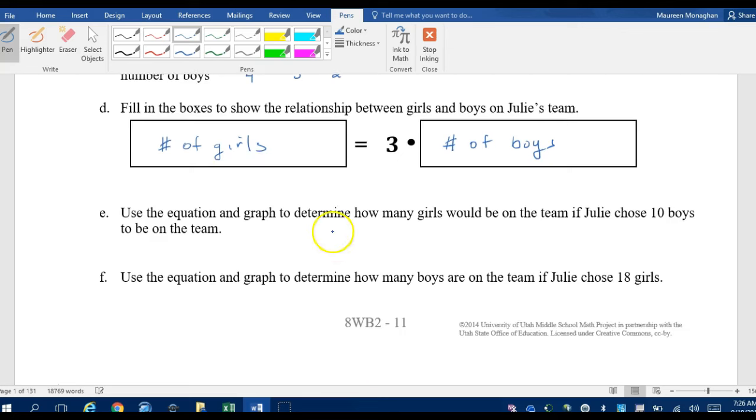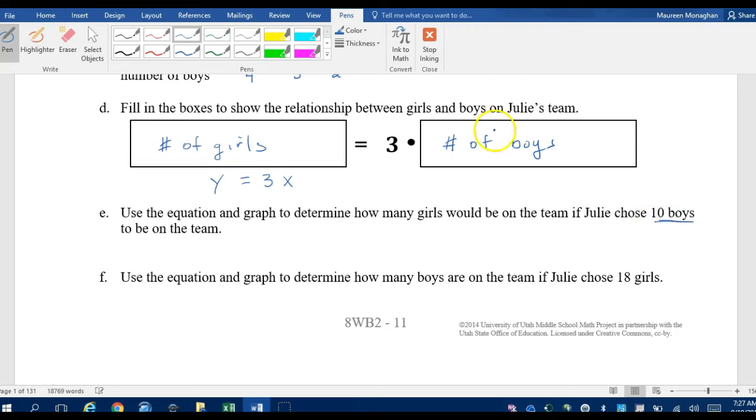Use the equation and graph to determine how many girls would be on the team if Julie chose 10 boys to be on the team. Okay, well, I'm going to let this be y equals 3 times the boys, that's going to be our x. Notice we have 2 variables now. So I have 10 boys.